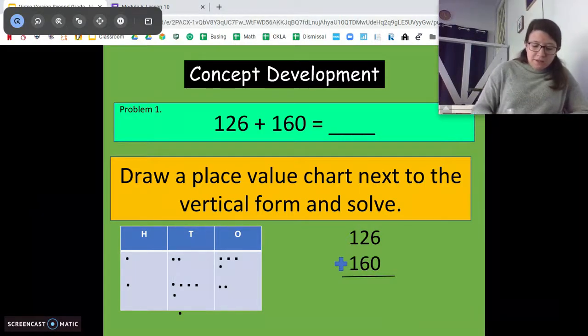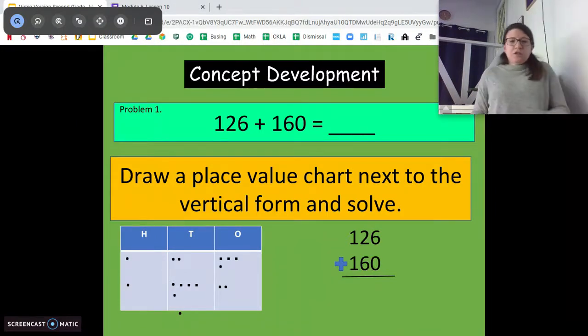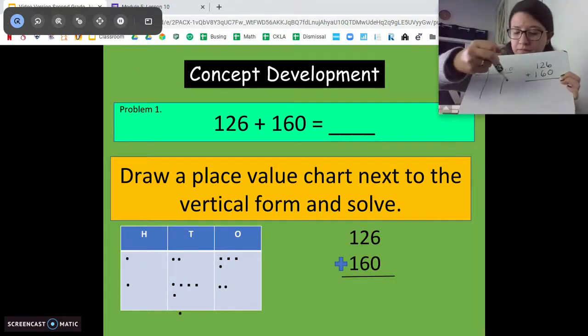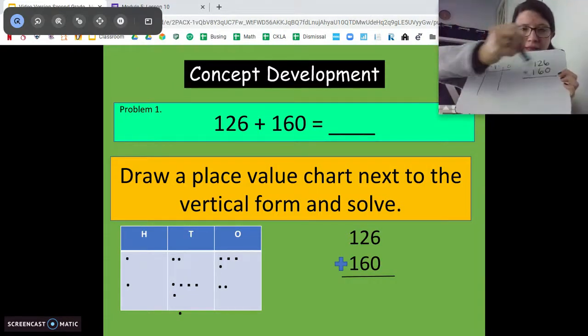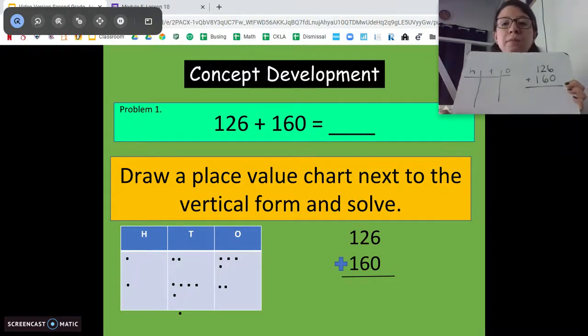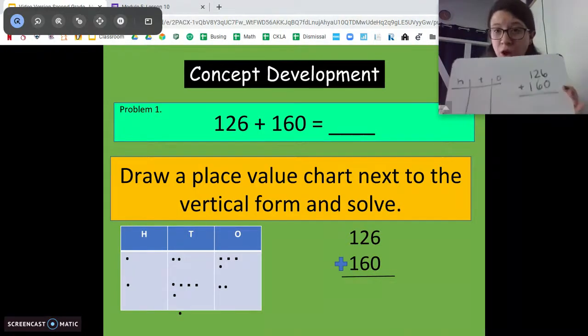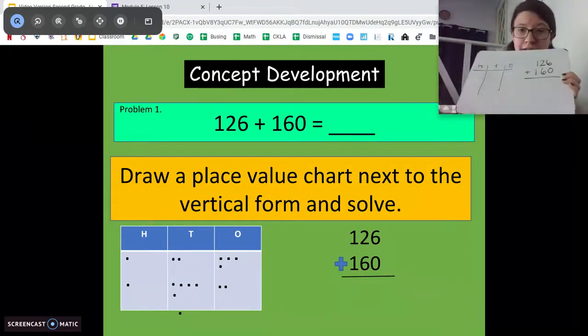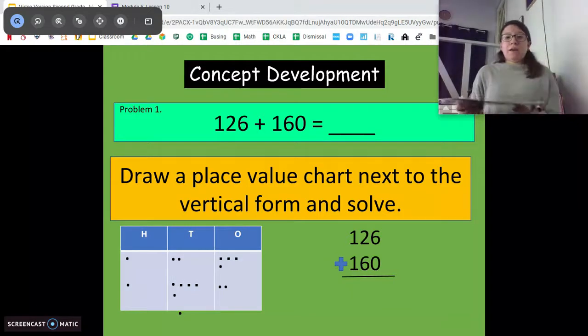And then on the other side, just like it is on the screen, I want you to show me how you would draw that in your place value chart. So your paper is going to look like this. You have the drawing here, the algorithm here. So go ahead and pause and solve both of these ways. Okay? Vertical way and drawing. So pause and solve now. Come back when you're done.